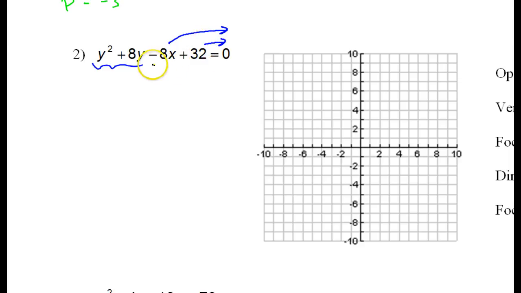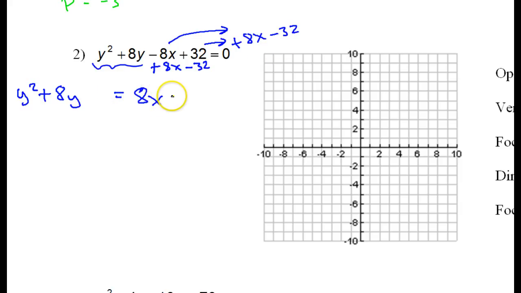Okay, so that means I am going to add 8x to both sides, and I'm going to subtract 32 from both sides. Okay, so what I will have then is y squared plus 8y, leave a space to complete the square. Then over here I'm going to have my 8x minus 32.